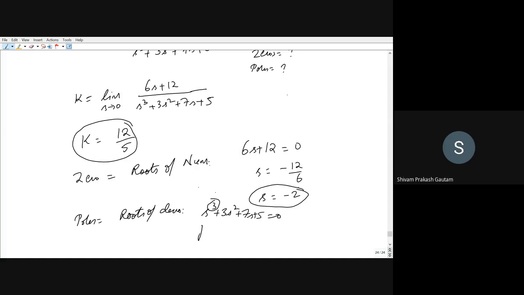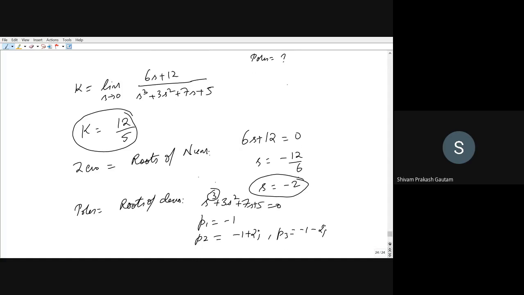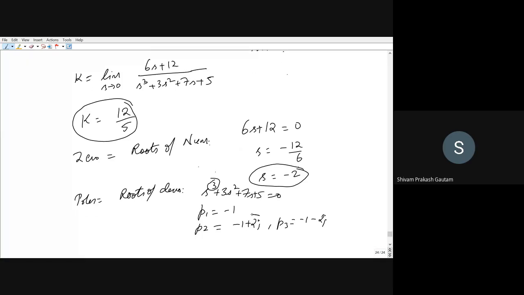So let me write down the poles. P1 is equal to -1. P2 you will get -1 plus 2j, and pole number 3 you will get -1 minus 2j. Right? So what you can see here is that we are getting a complex conjugate.